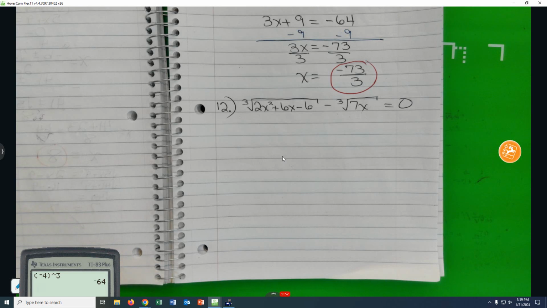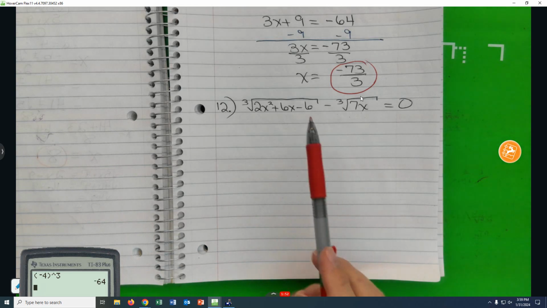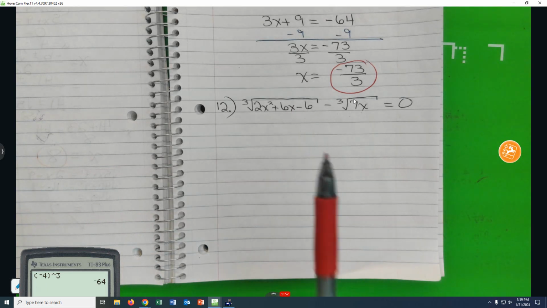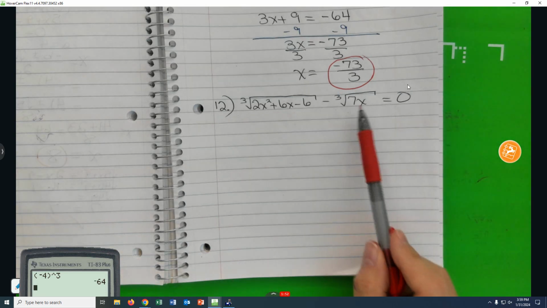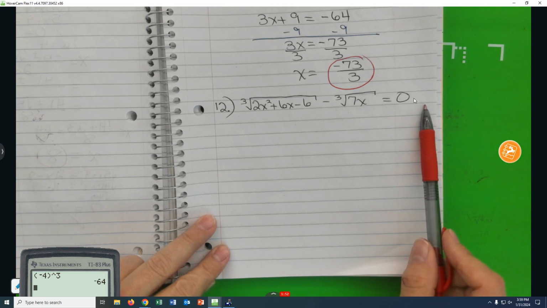We have to isolate a radical. In this case, there are two radicals. But if we're smart, we could isolate both of those radicals in one single step. What do y'all think I'm going to do before you cube it? We can't cube it until you have a single radical by itself on one side before you start raising to a power. Take the 7x radical and move it over to the right.